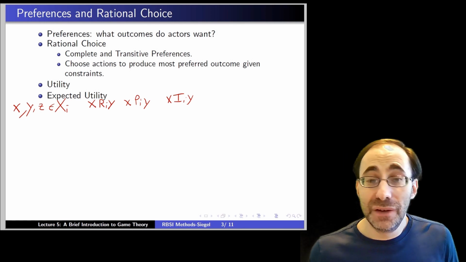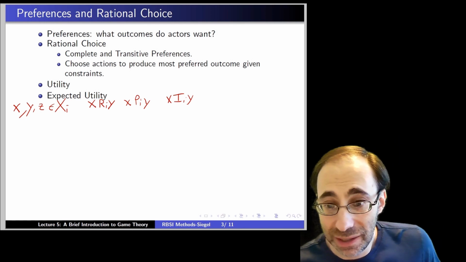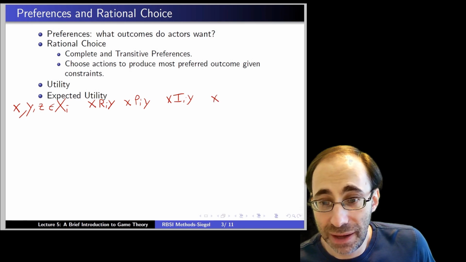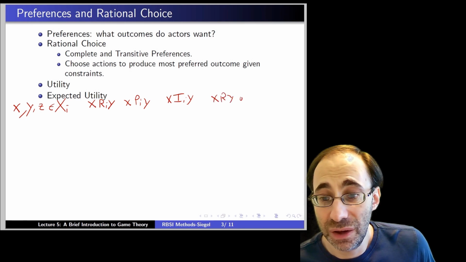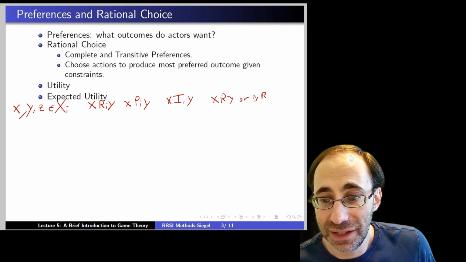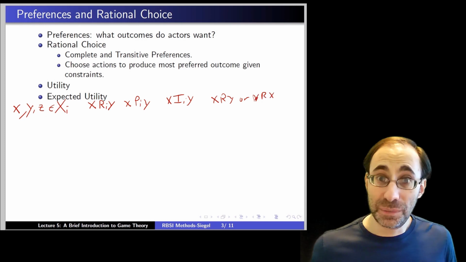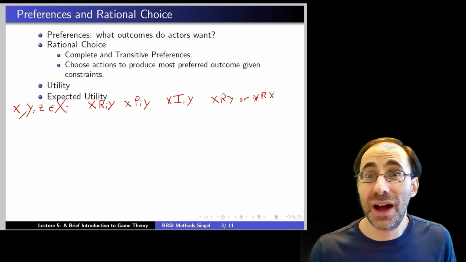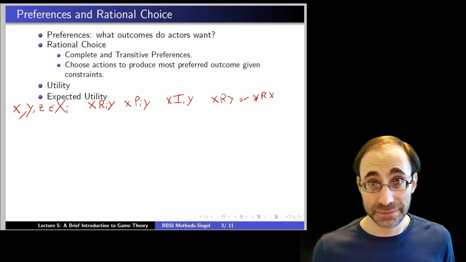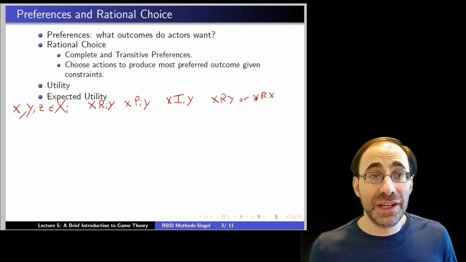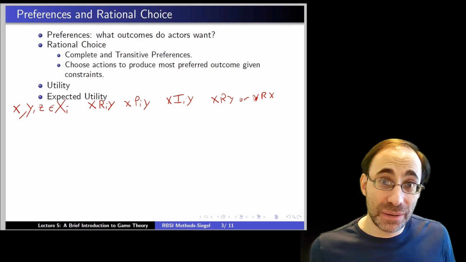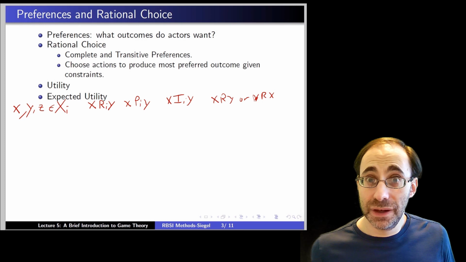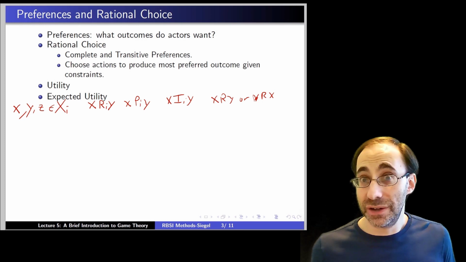More formally, for every x and y, I can write either x is at least as good as y, or y is at least as good as x. If my preferences are complete, then I can tell you which of x and y is a preferred option for any x and y. That means there can't be any outcomes that I could achieve for which I am actually not sure.